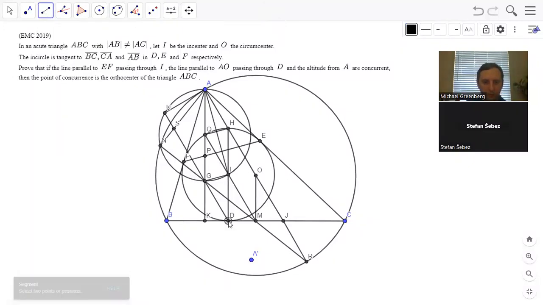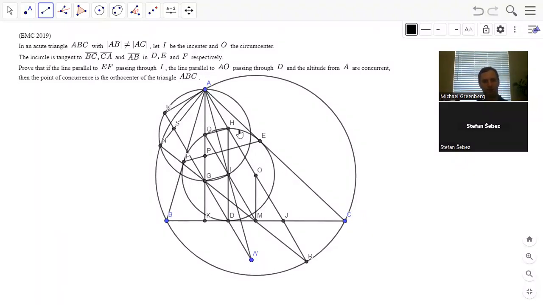Now when you define H as the intersection of DI and AO, since we know that DA prime is parallel to AH, and also AI is equal to IA prime, then we have that ID is equal to IH, or equivalently that H is on the incircle.